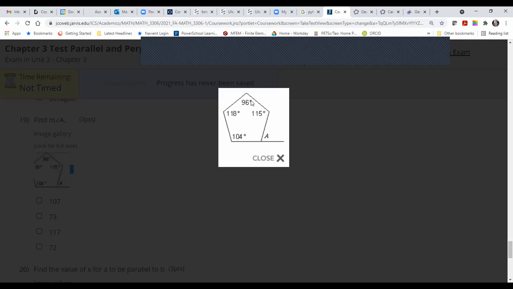Okay. So this will be the sum of the interior angles of the pentagon. Then subtract the sum of the known angles, so it gives you this angle. When you get this angle, you subtract it from 180 degrees, and that gives you the angle A. Okay.